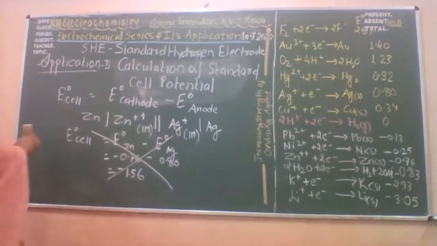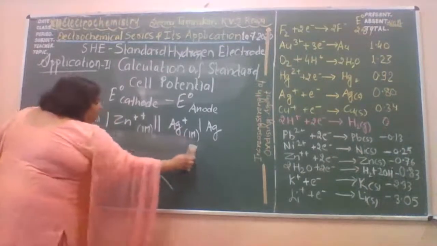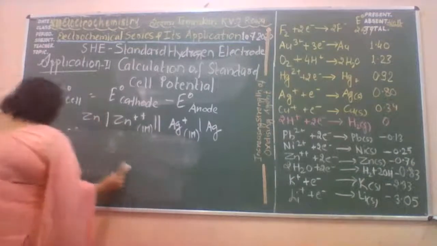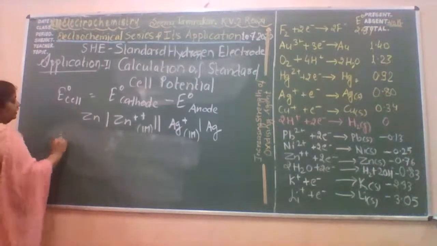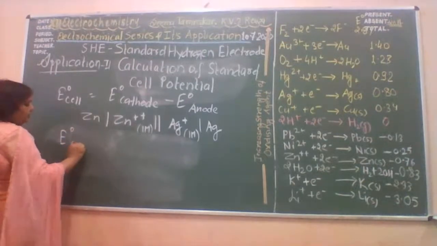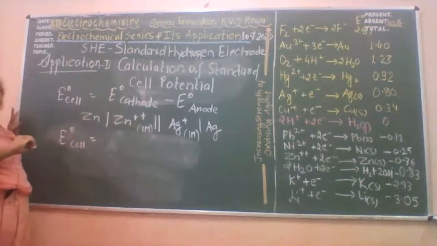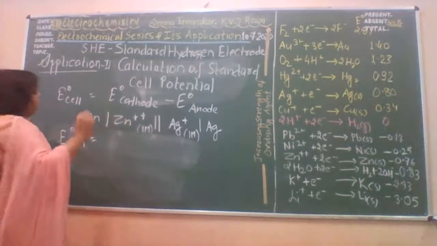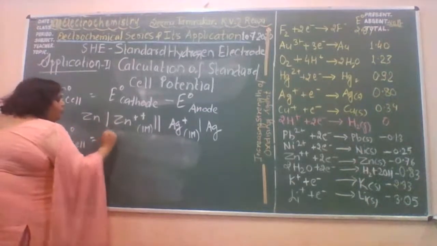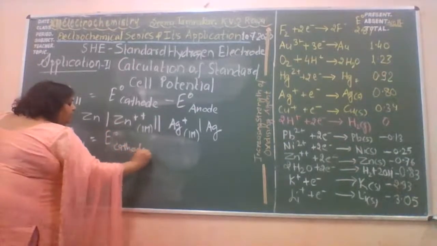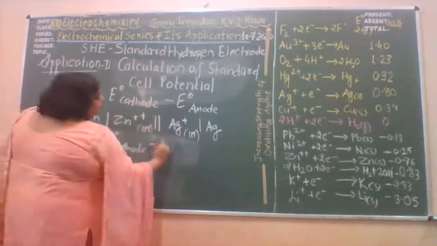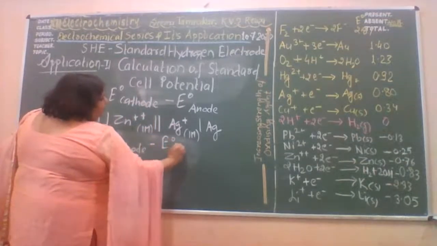Now I'm changing the value, I'm writing in the proper way. E cell is equal to E naught cathode minus E naught anode.